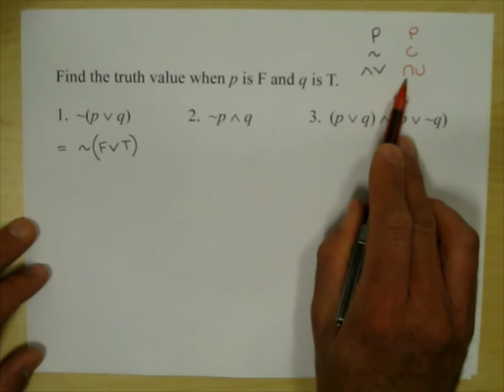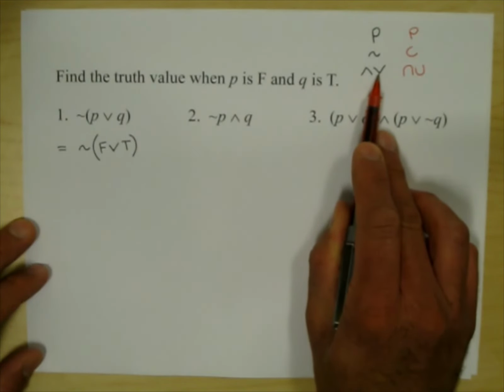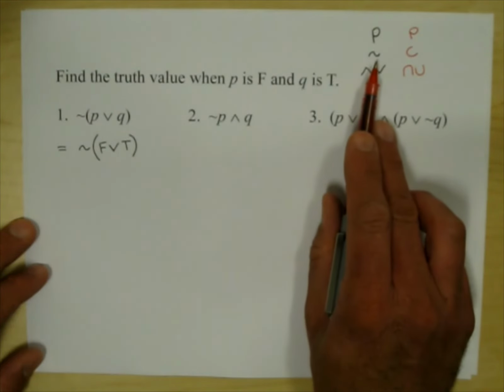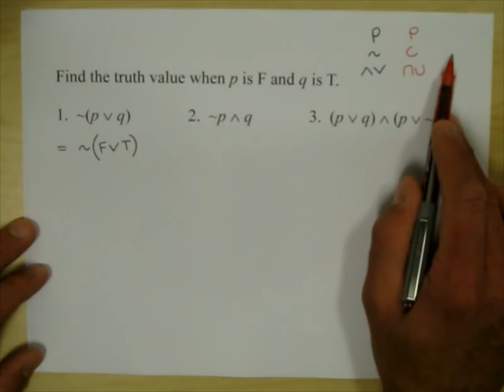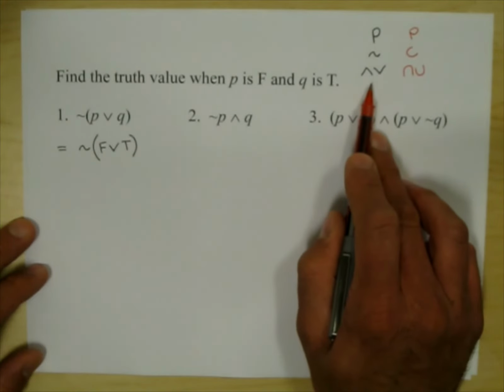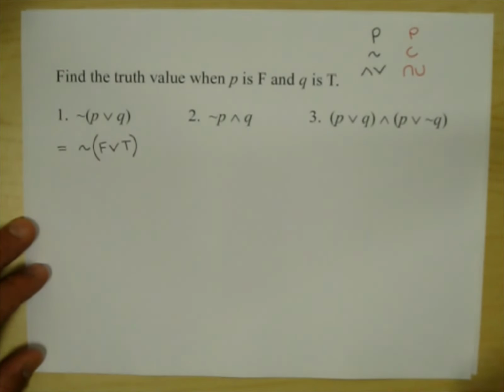Intersection being and, union being or. Set theory is built on logic, and you can see that. I'm not going to put the other one, please excuse my dear Aunt Sally, because we don't need to see that. So now that we have order of operations for logic operators, let's go ahead and do this.